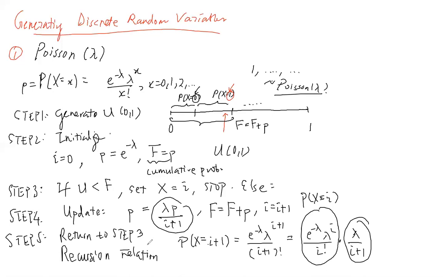Once you understand this idea, you can also use it very easily on the binomial. Before we move on, is it okay with this explanation for Poisson?